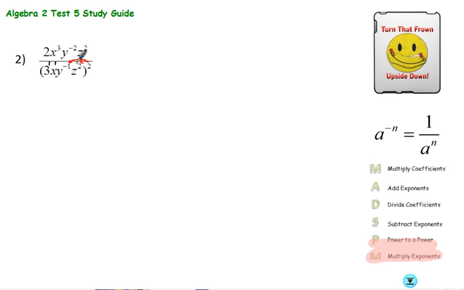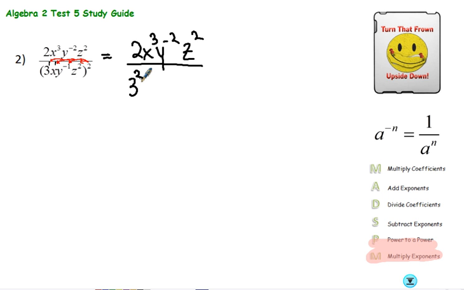So we're going to draw an arrow all the way across. The reason behind drawing the arrow is just to make sure that you multiply all the way across, that you don't forget to multiply anything. All right, so you got 2x cubed, y to the negative 2, z squared. And then on the bottom, 3 to the first, which would be 3 squared.